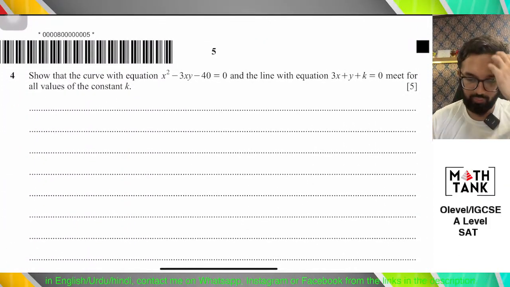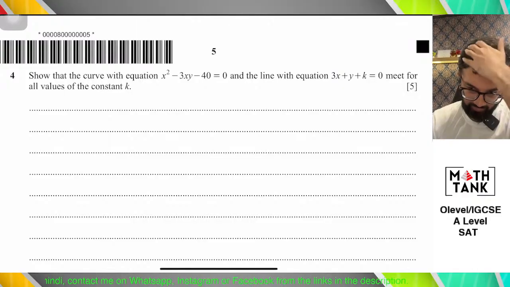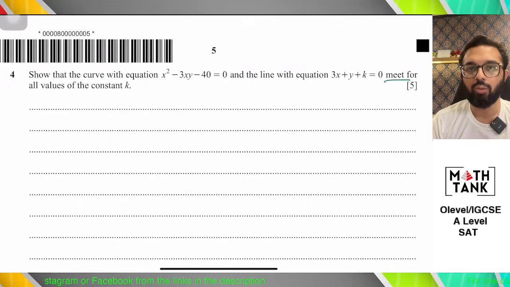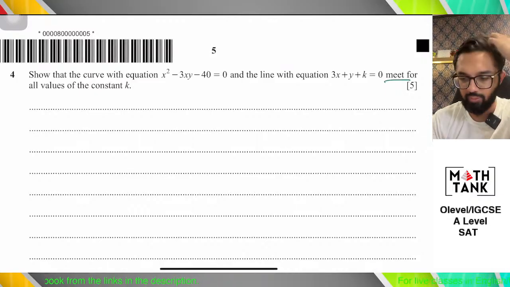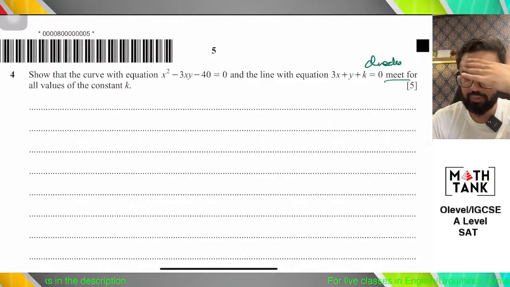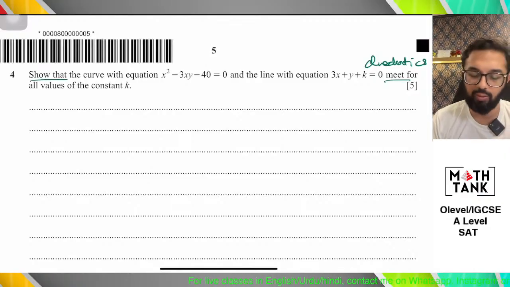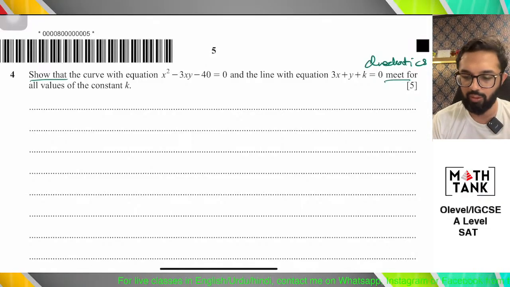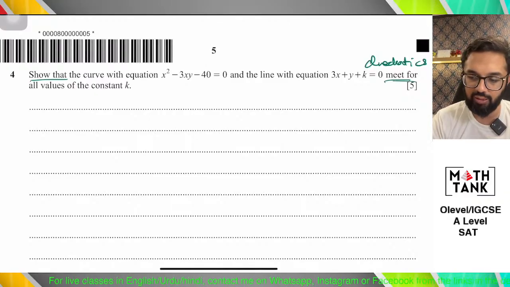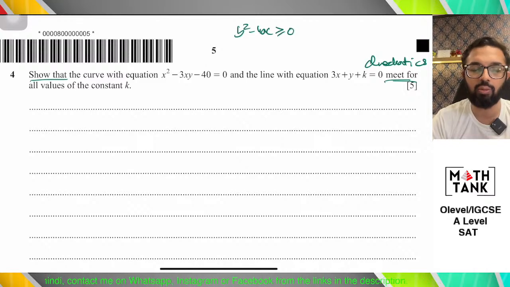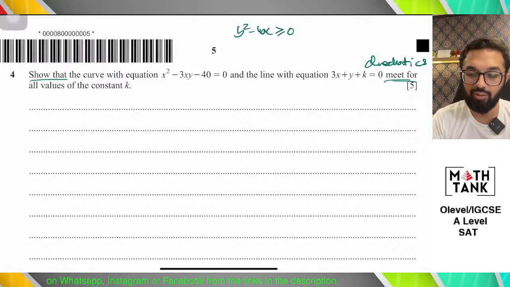It says show that the curve with equation this and the line with the equation that meet for all values of the constant k. Okay, now this is a little tricky. It's a question on quadratics, but it's a little tricky because I will show that is something different. What I have to show you is that if they meet means b square minus 4ac is greater than or equals to 0. Now I can't assume this.